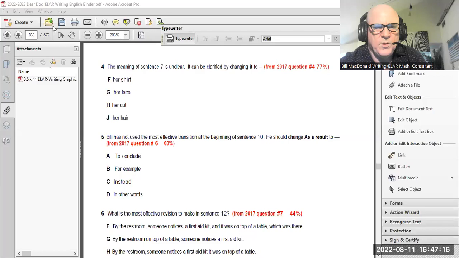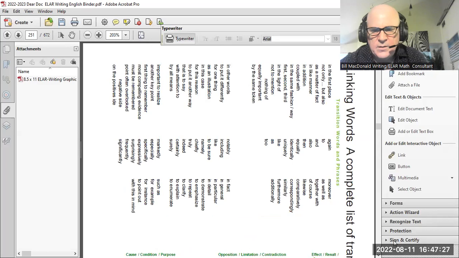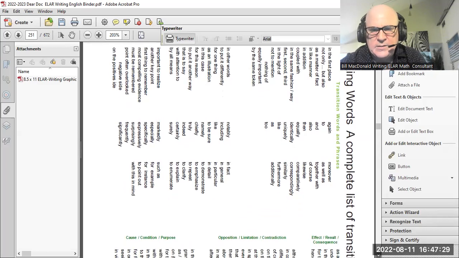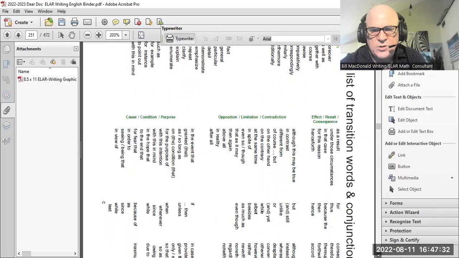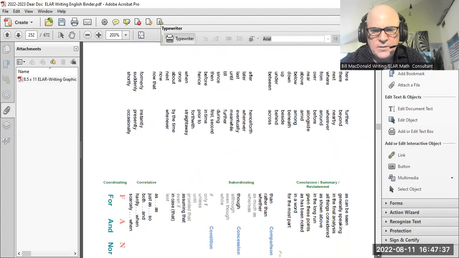I want to make sure that I show you from the binder, when you click on page 251, you will see a nice long list of transition words, conjunctions, and phrases, and on 252.